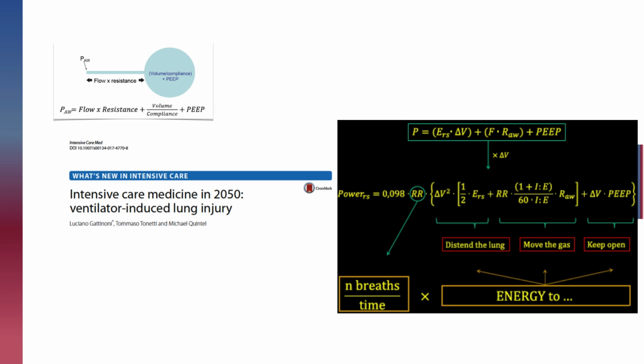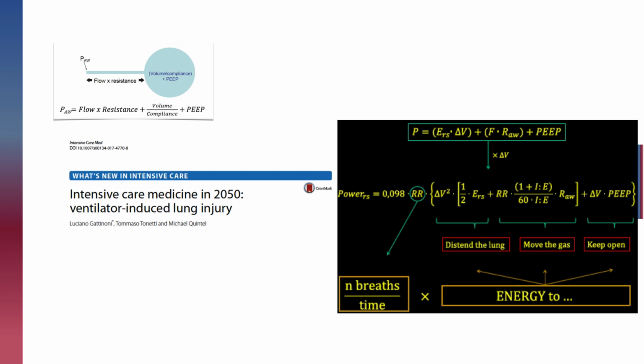But the most important part of this equation, and what's not included in any of the other recommendations when we think about lung protective ventilation, is that this transfer of energy across the lung is exerted by the ventilator over a frequency, a breath rate, or a number of breaths per minute.